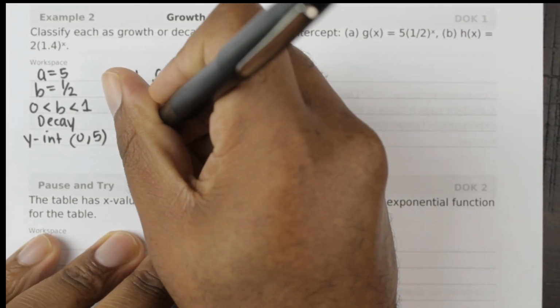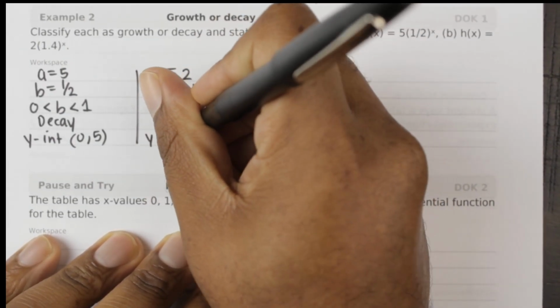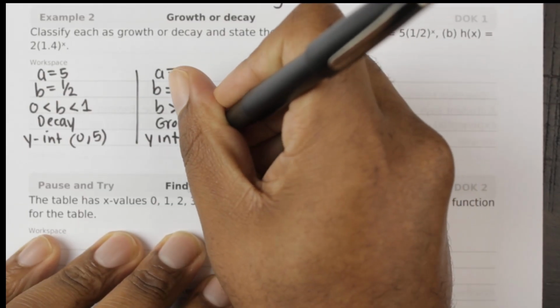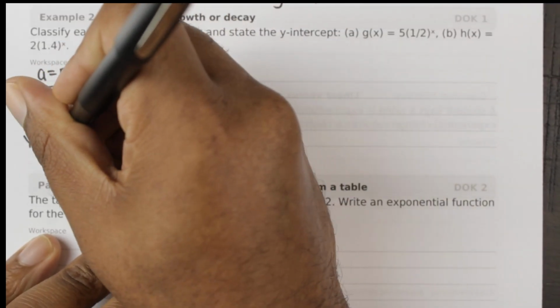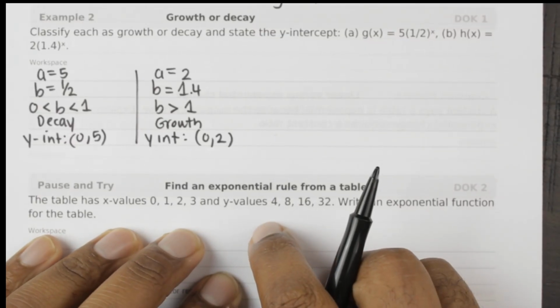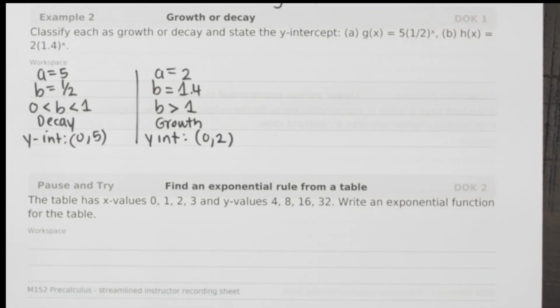That being said, we have a y-intercept of 2. So bases greater than 1 mean growth, and bases between 0 and 1 mean decay.